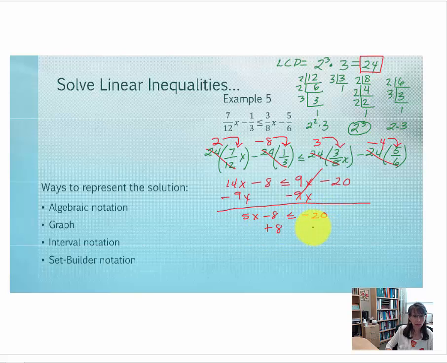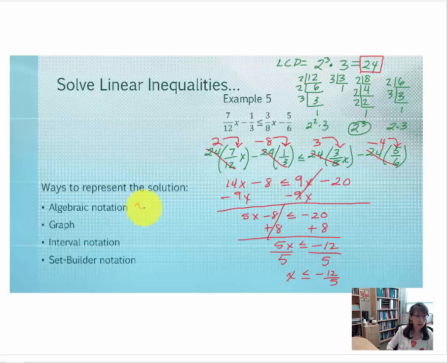And adding 8 to both sides of the inequality results in 5x less or equal to negative 12. So all we have to do now is divide each side by 5, and because it's positive 5, I do keep the less or equal to symbol. So x is less or equal to negative 12/5.